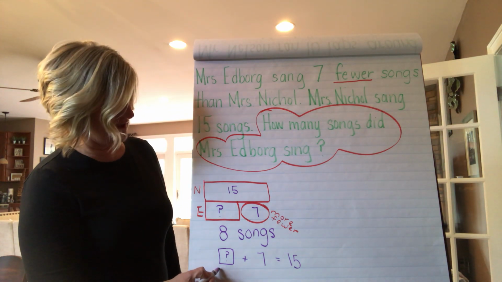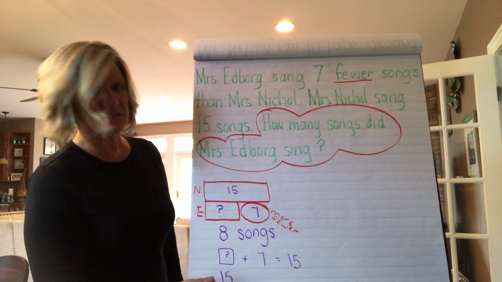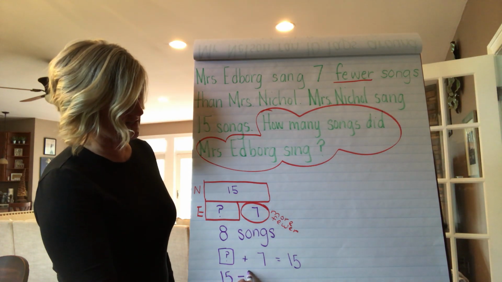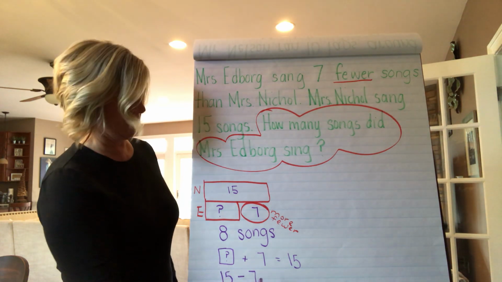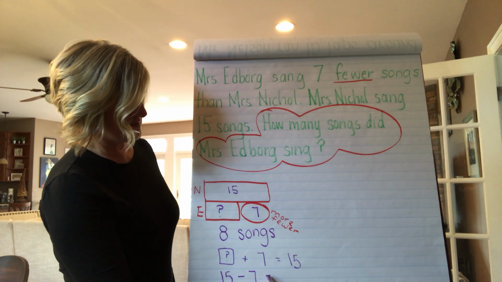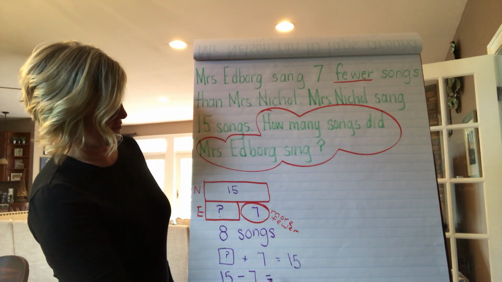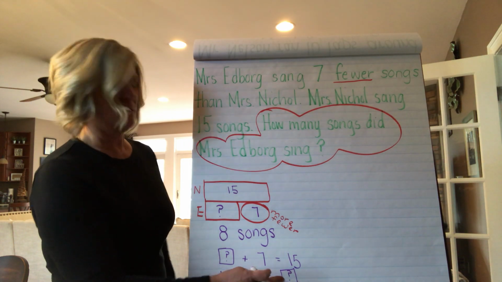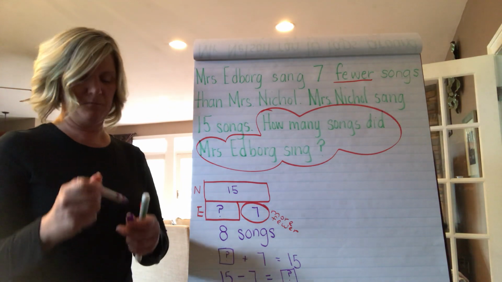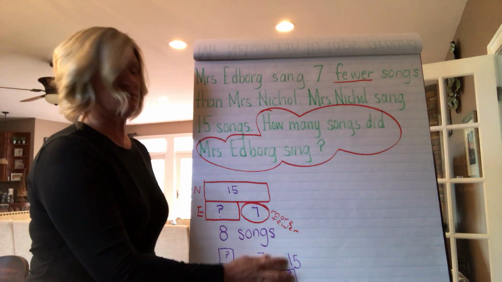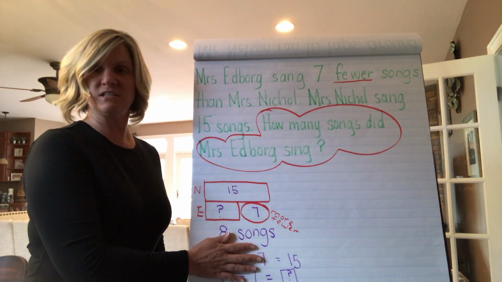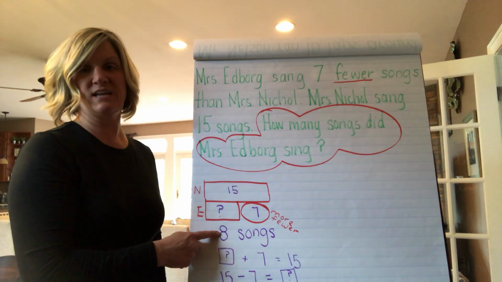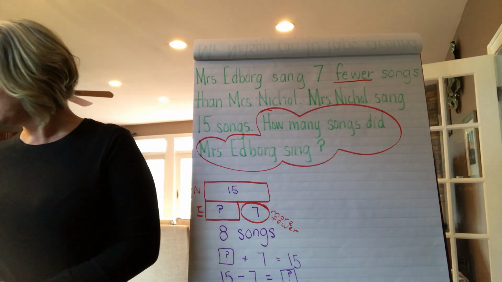Some of you may have taken Mrs. Nickel's 15 songs, subtracted 7 fewer, and come up with 8, the number we're missing. Again, which of these you use, it doesn't matter. Many strategies for one answer, which is 8.